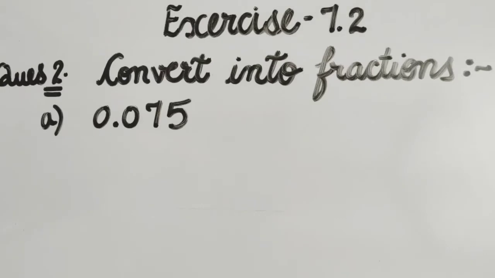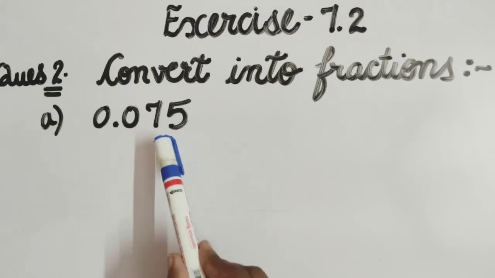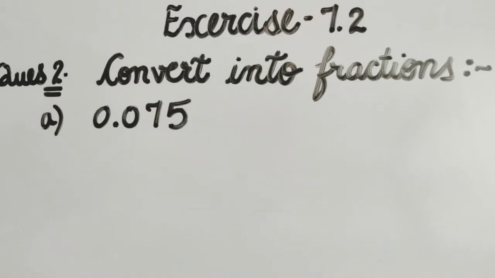Now students, the next question is convert into fractions. In our first question, we understood how to convert a fraction into a decimal. Now we will understand how to convert a decimal number into a fraction. Yes students, for that purpose we have to follow 3 steps.